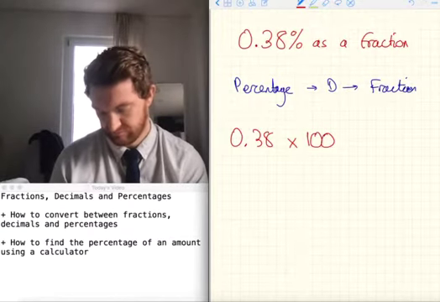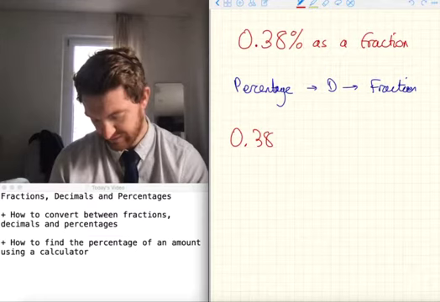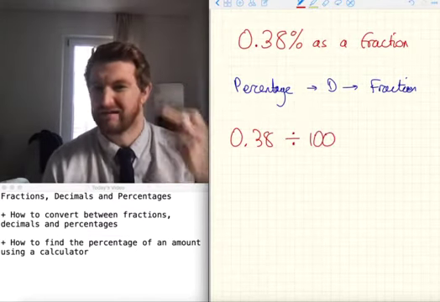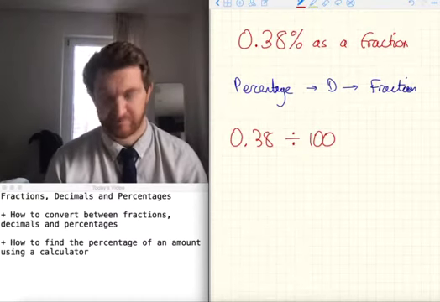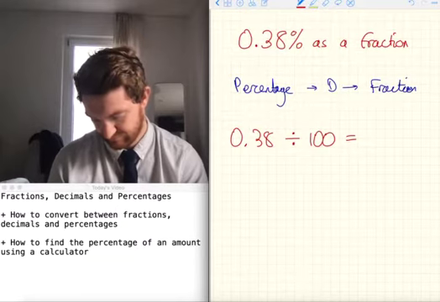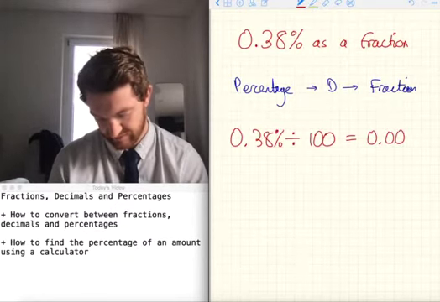Nope. We do not want to times it by 100, that was a lie. We want to divide it by 100. It's the writing and the pen. And so we divide it by 100, and that gives us 0.0038.